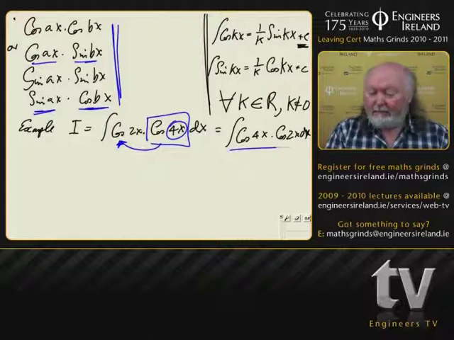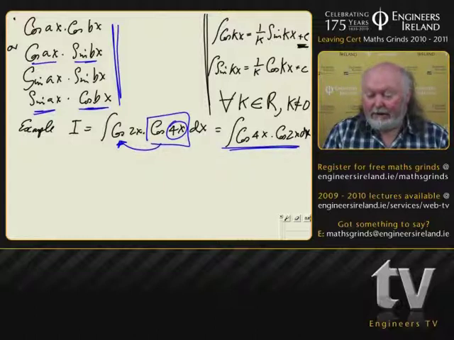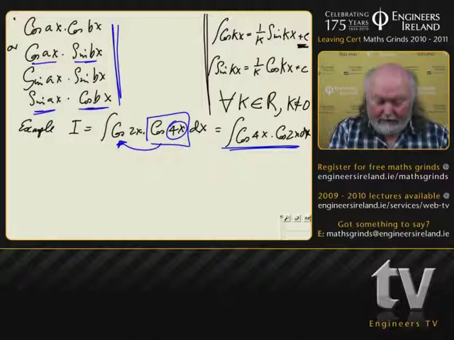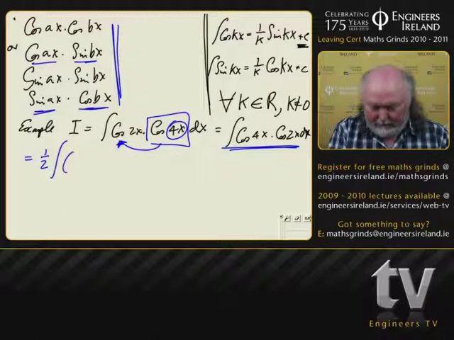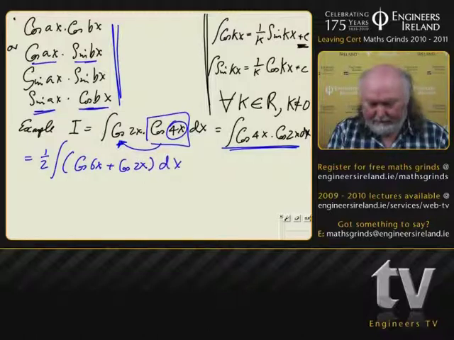This integral here, the cos of 4x by cos of 2x, is equal to half the integral of cos of 6x plus cos of 2x dx.